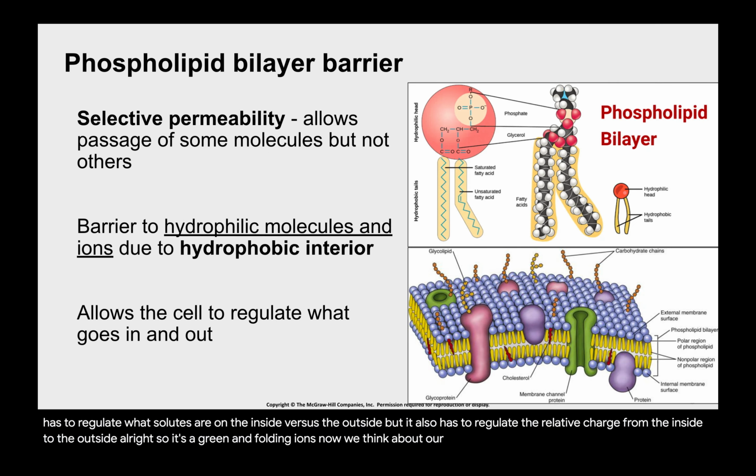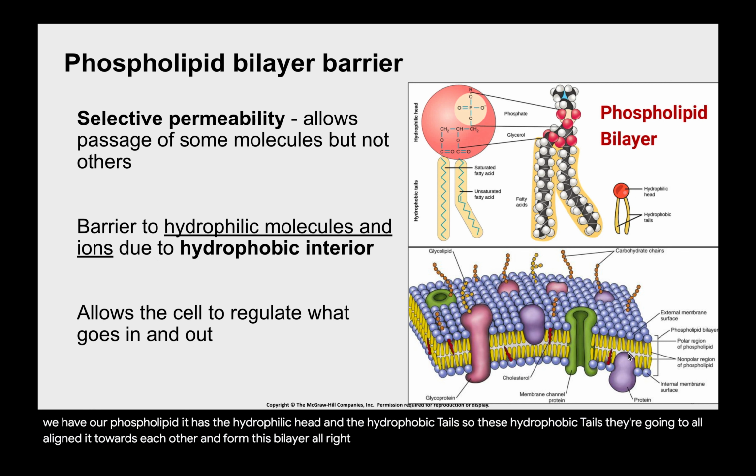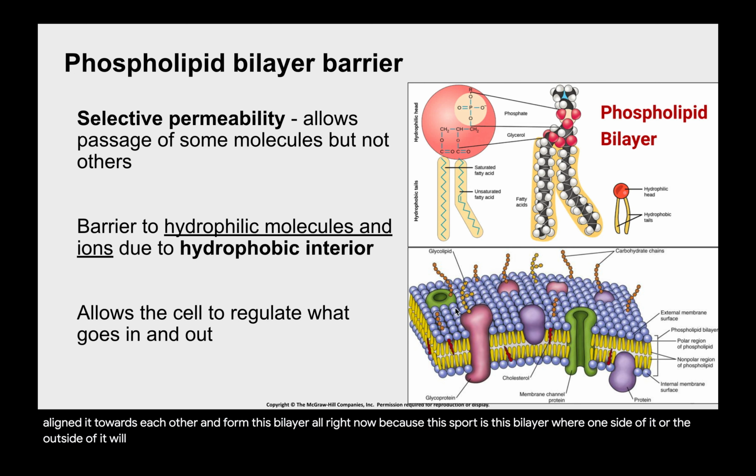Now if we think about our phospholipid barrier here, we know that we have our phospholipid. It has the hydrophilic head and the hydrophobic tails. These hydrophobic tails are going to all align towards each other and form this bilayer. Because this forms a bilayer where the outside of it will be hydrophilic and the inside is hydrophobic, it poses a barrier for a lot of different molecules to easily pass through this membrane.